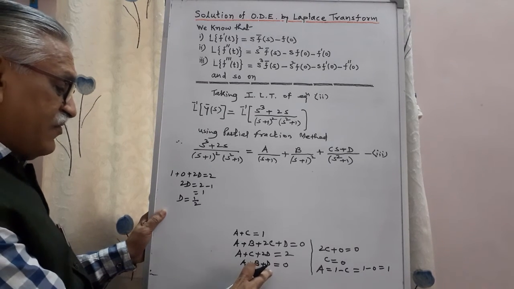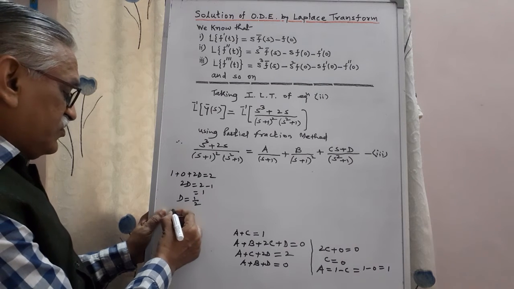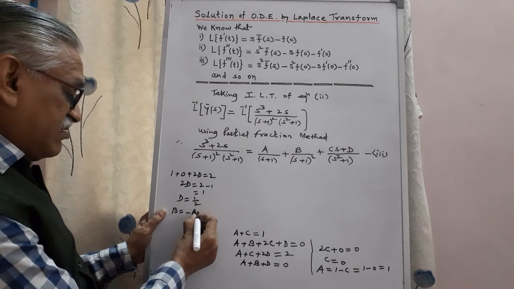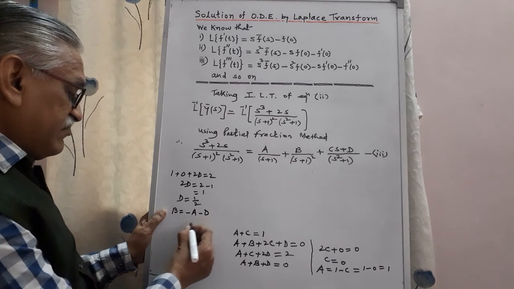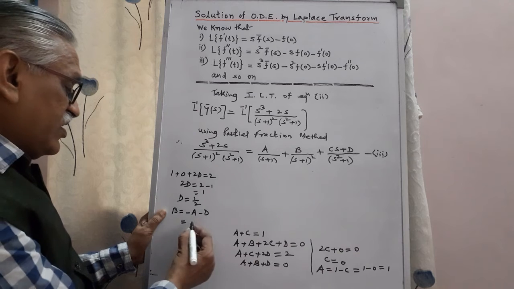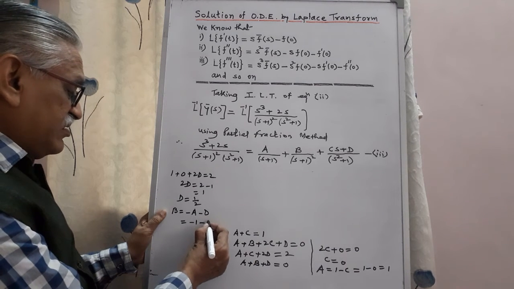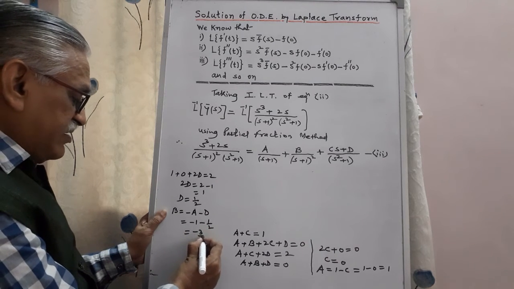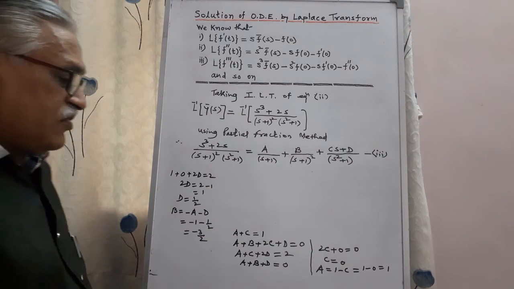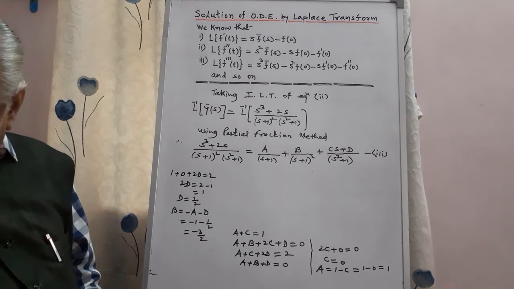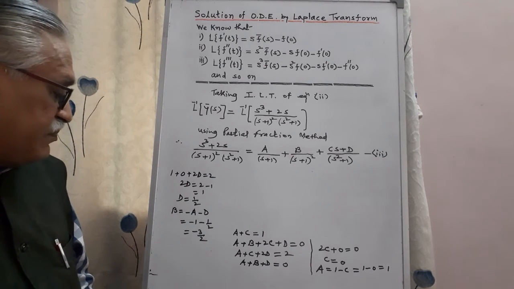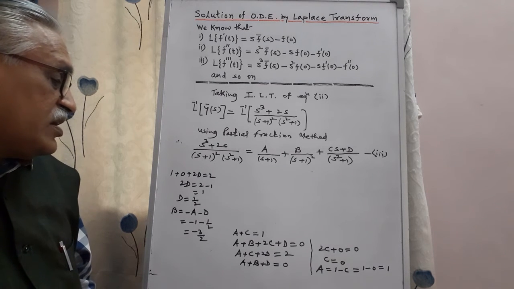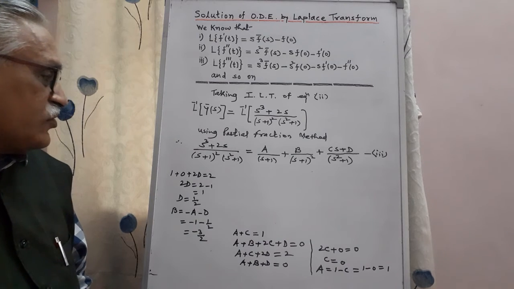And put the value of a and d here, we get b is equals to minus a minus d. The value of a is 1 and d is 1 by 2. Minus 2 minus 1, we get minus 3 by 2. Therefore, value of a is 1, b is minus 3 by 2, c is 0, and d is 1 by 2.